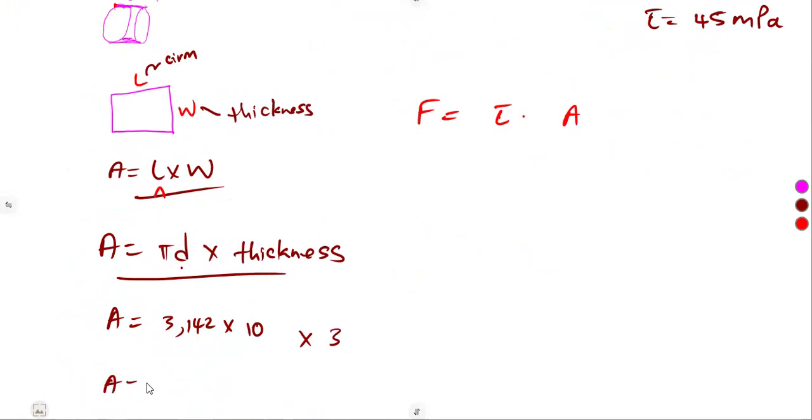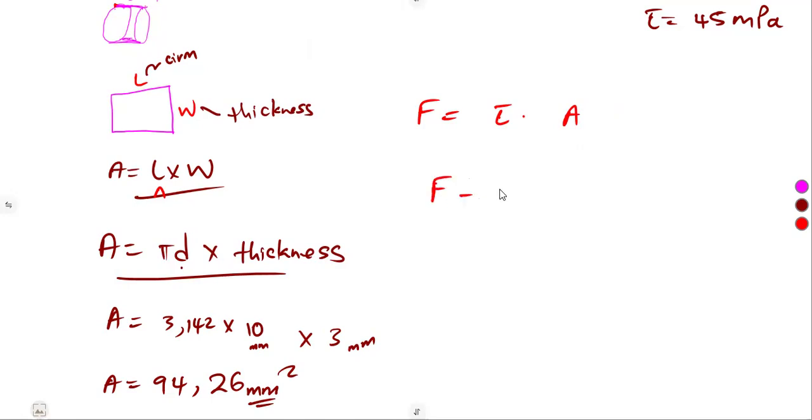So multiplying these, it gives us an area of 94.26. Remember, this is in millimeters, so our answer will be in square millimeters. So converting that to be used in this formula, we must multiply by 10 to the exponent of -6.